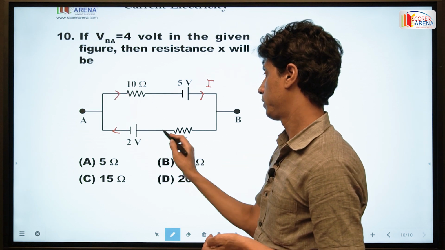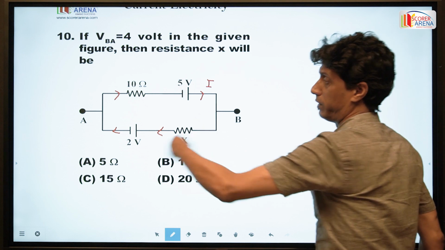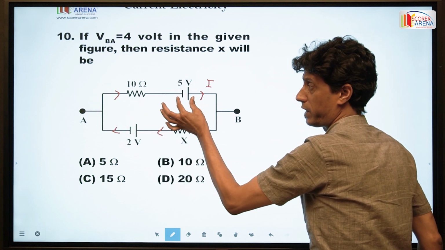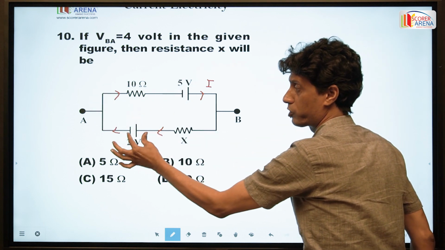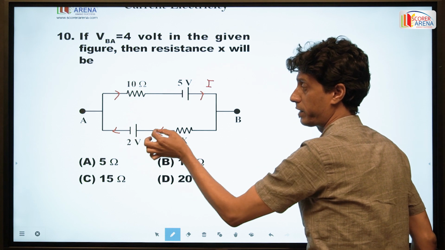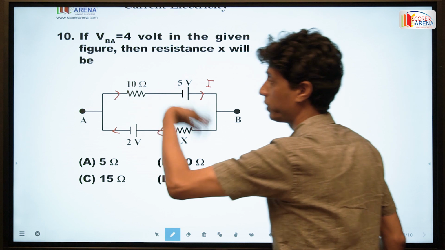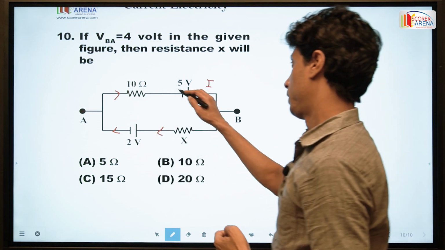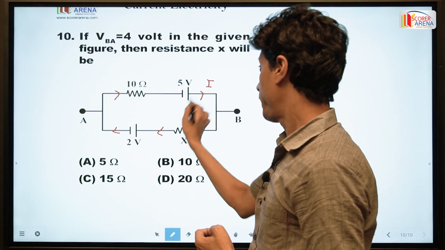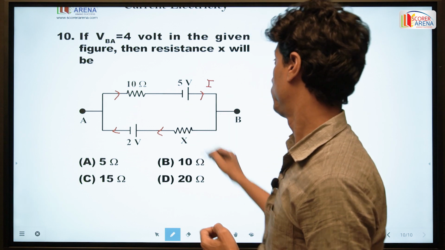The current passes in this direction, because the potential of this cell is 5 volt and of this cell is 2 volt. These are connected in opposite polarities, but the current through this branch is provided by this cell.